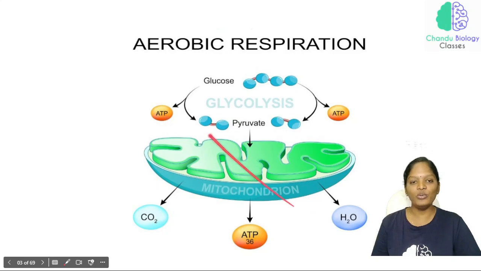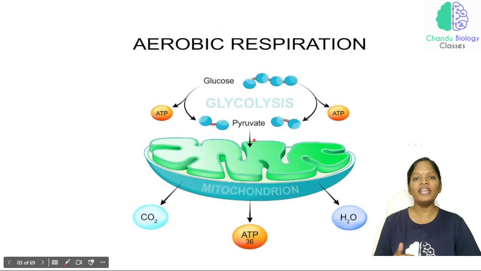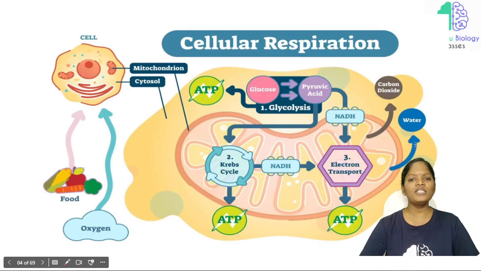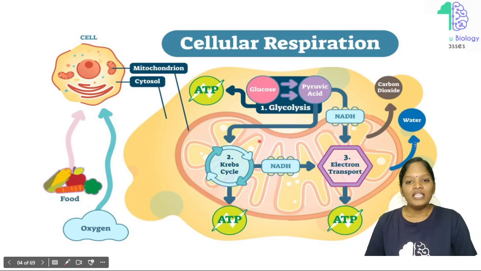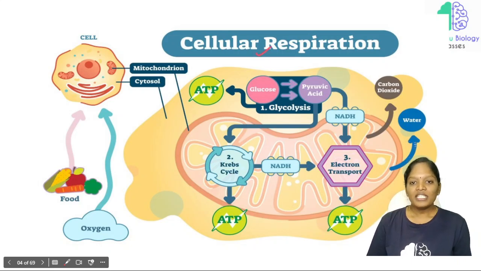As of now, know that in aerobic respiration the glucose is converted into pyruvate, and this pyruvate enters the mitochondria, and undergoing some cycles, it produces 36 ATP molecules. And what about anaerobic respiration? I will explain that. Now see, this is the exact picture of cellular respiration.